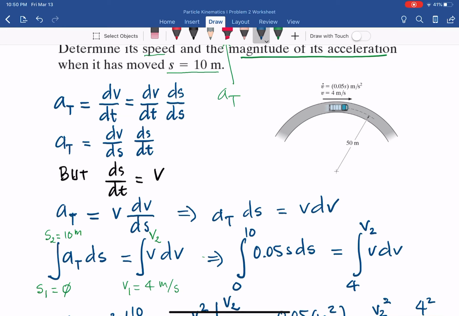If the final position of the particle is in here, the normal acceleration goes to the center, and that is a_n. And since the speed is increasing, the truck is accelerating, so a_t will be tangential to the path and in the same direction as the motion.